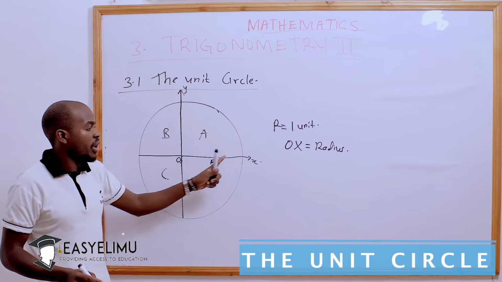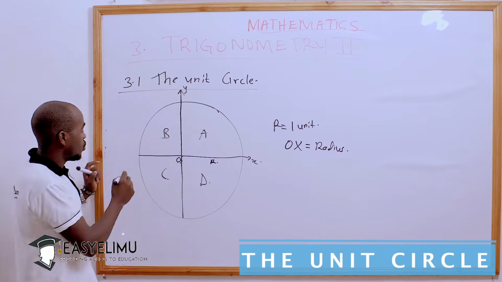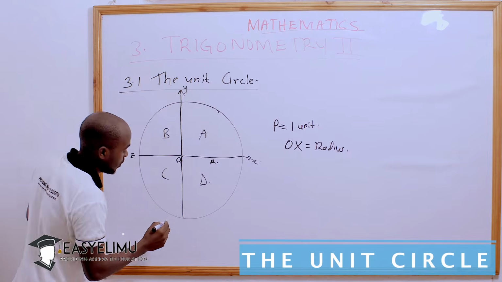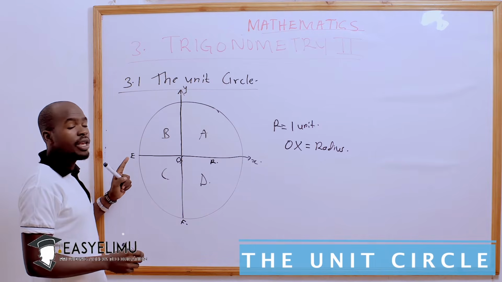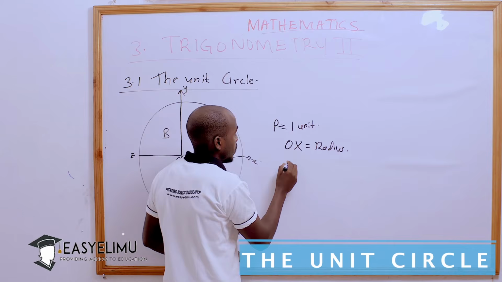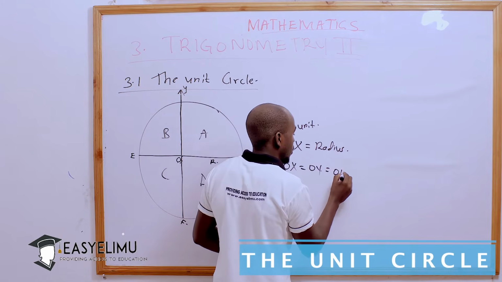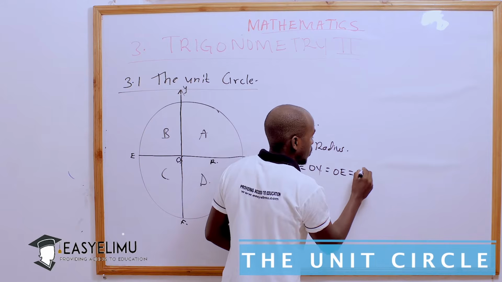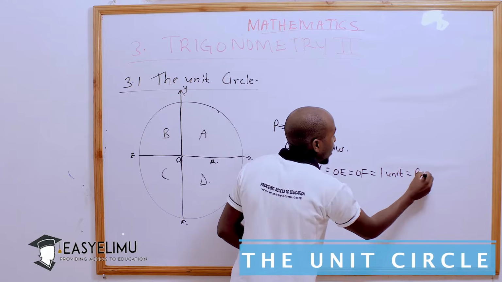O to X is our radius, O to Y is our radius, but you may even include this one as E and then this one as F. So O to E, O to F, they are all equal, and they are all 1 unit each, and this is our radius.